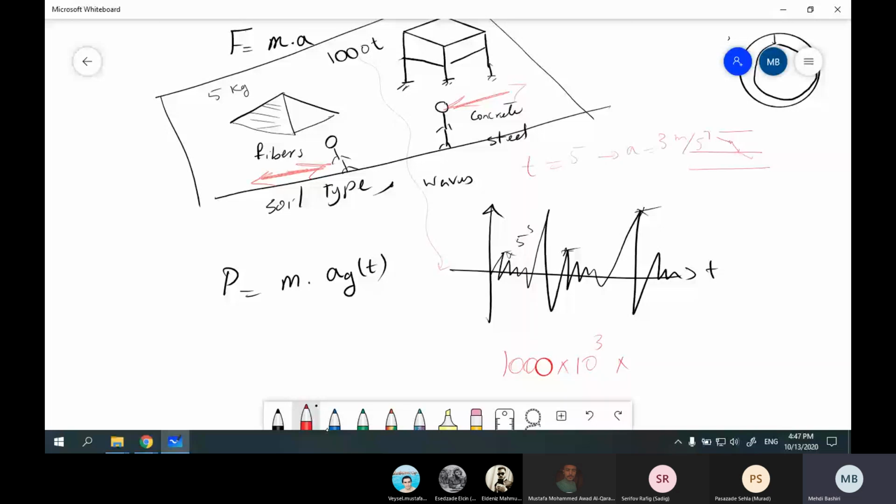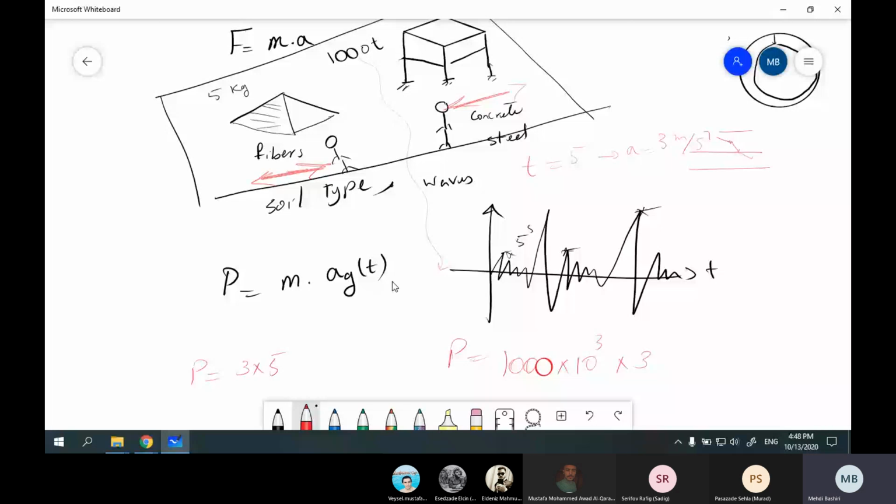So the people in this building experience this force, and the people in this tent experience F equals m times a, where acceleration is 3 and the mass is 5 kilograms. So you'll see that the reason, or the danger, of the earthquake is because of the acceleration.